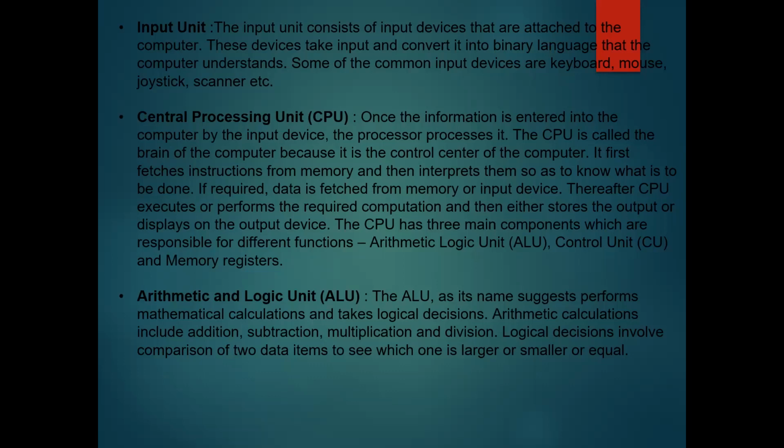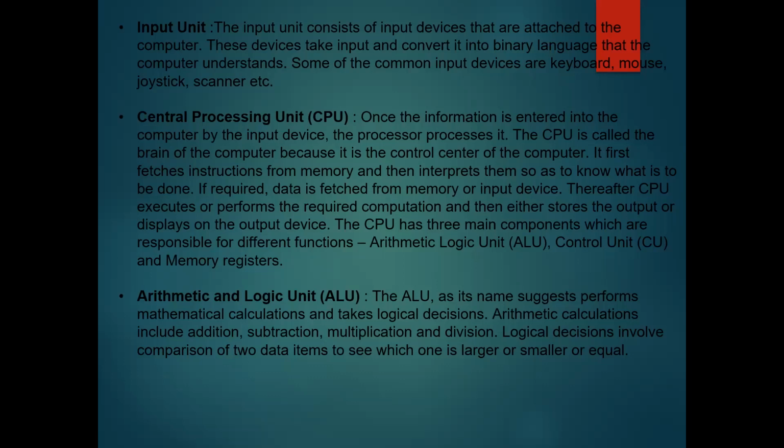etc. In central processing unit or CPU, once the information is entered into the computer by the input device, the processor processes it. The CPU is called the brain of the computer because it is the control center of the computer.